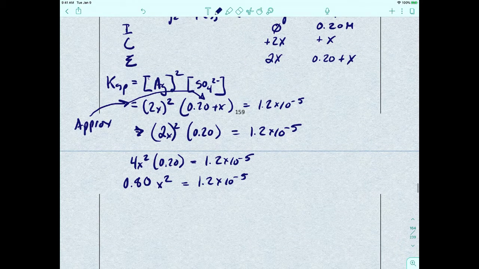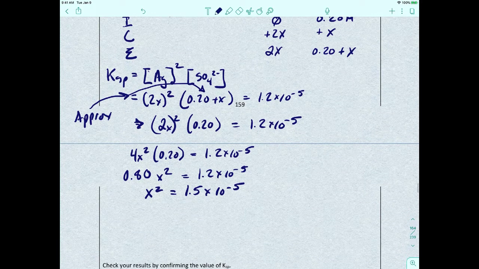If we divide both sides by 0.8, x squared is equal to 1.5 times 10 to the minus fifth. If we take the square root of that, x will be equal to 3.87 times 10 to the minus third.